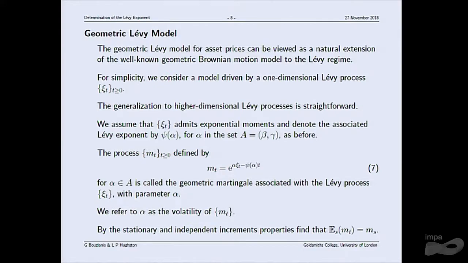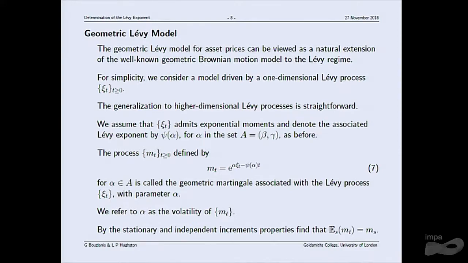So we have a one-dimensional Levy process. We assume it exists with exponential moments. And then we have a martingale that we can construct. So this is the Levy analog of the standard geometric Brownian motion martingale that one's familiar with. And you'll notice that the Levy exponent appears in a kind of key position here.